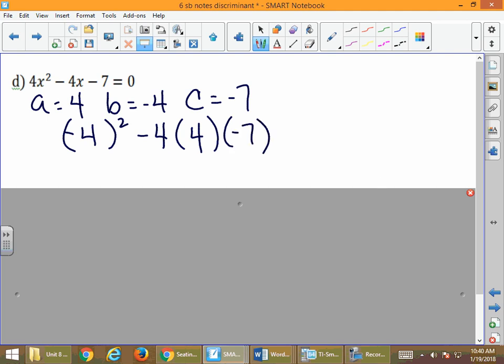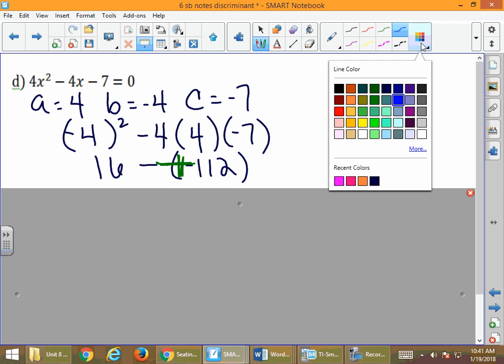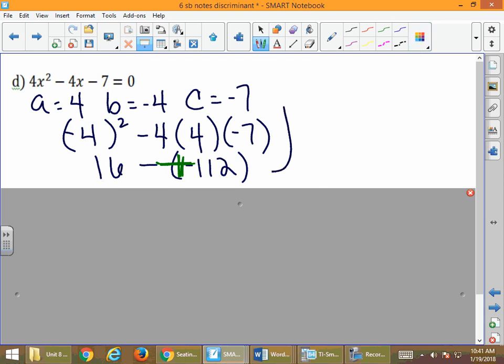And we end up with 16 minus a negative 112. But double negative gives us a positive. And when we add that together, 128 for our discriminant.